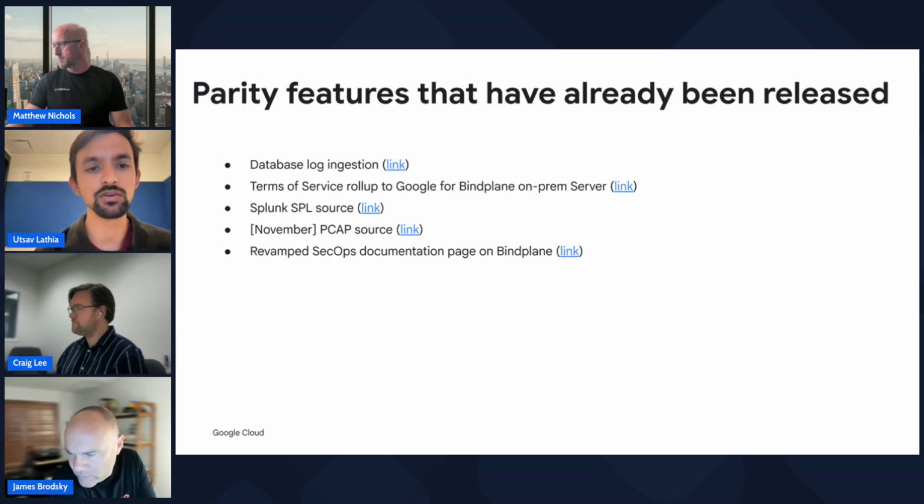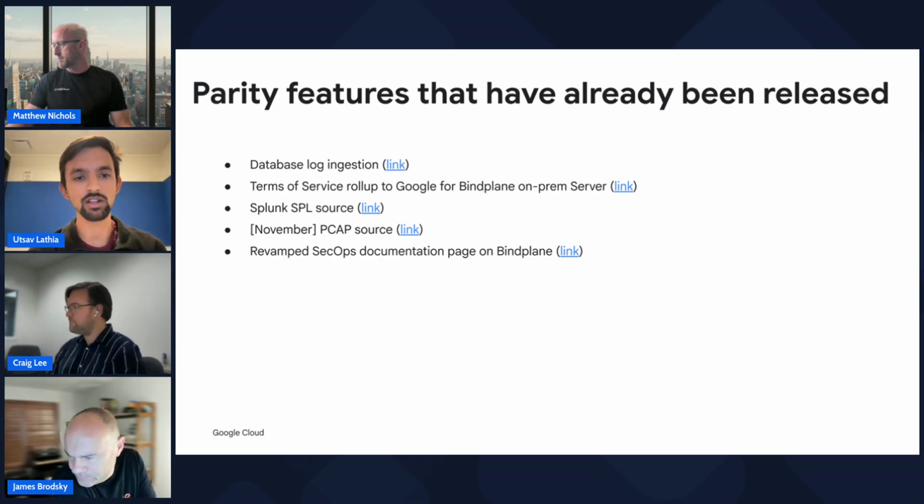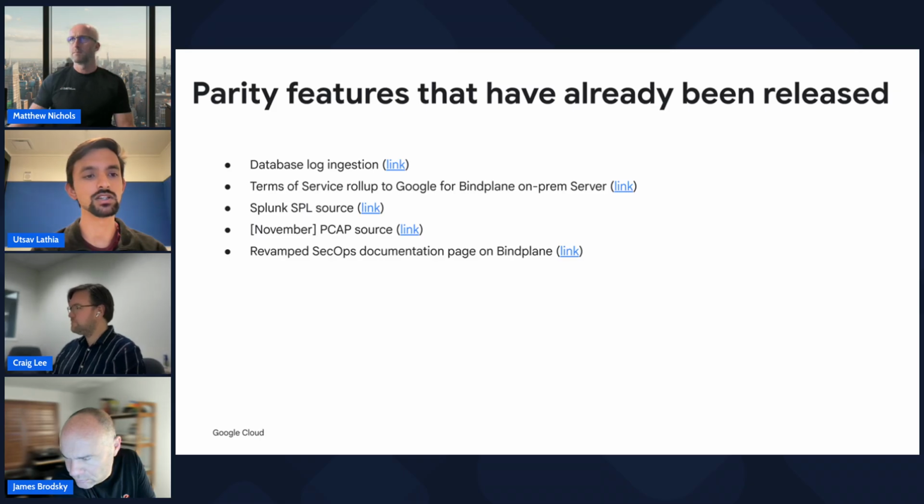So, we have our database log ingestion. We have our terms of service that is now rolled up. So if you're using the Google Bindplane, the Bindplane on-prem server, then that terms of service rolls up to the Google Cloud terms of service, right? And so instead of having two separate ones, one with Google and one with Bindplane, you have this option for you or customers to have that set up there.